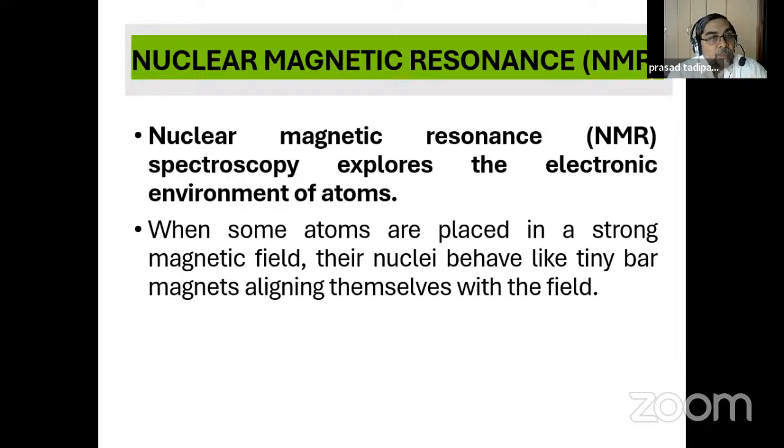So nuclear magnetic resonance spectroscopy gives an explanation of how the electron environment is around the atoms present. Not all, but some atoms, if placed in a strong magnetic field, their nuclei behave like tiny magnets, aligning themselves with the strong magnetic field.